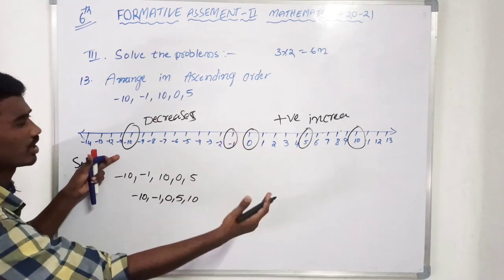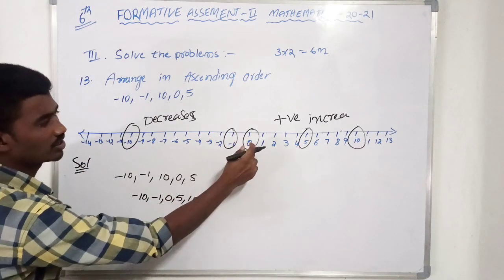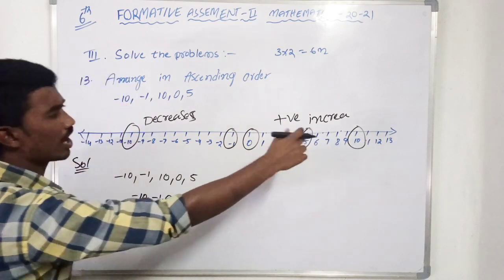This is ascending order: minus 10, minus 1, 0, 5, 10.